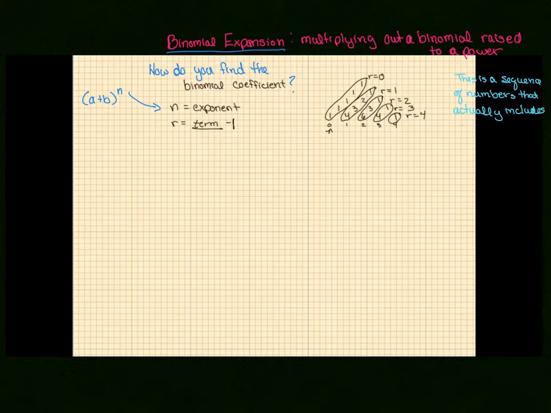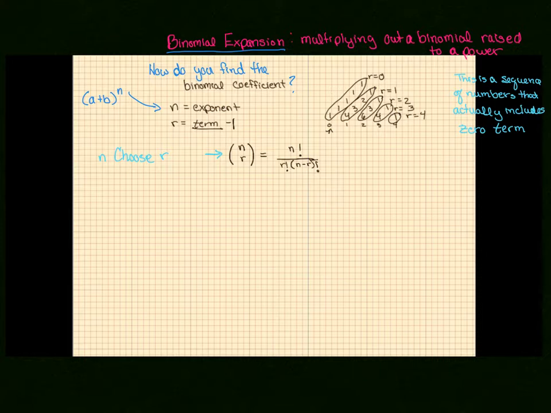So basically, to find a binomial coefficient, we use this notation right here of n over r, like this, to represent the binomial coefficient, and that is equal to the formula of n factorial over r factorial times n minus r factorial.